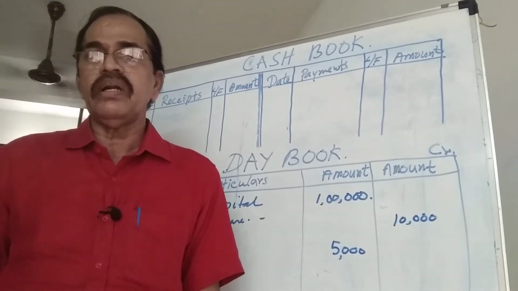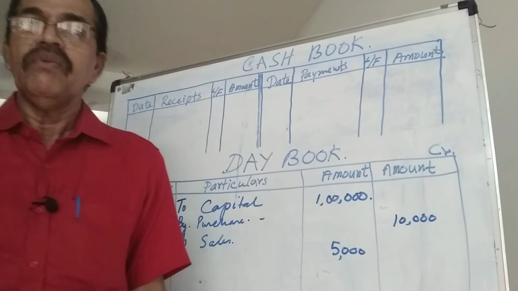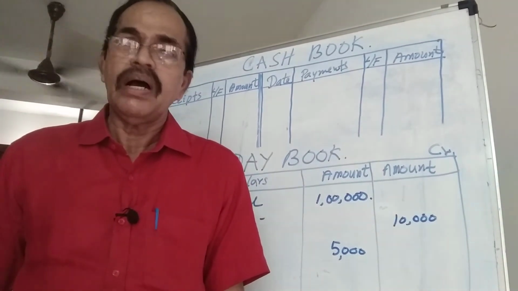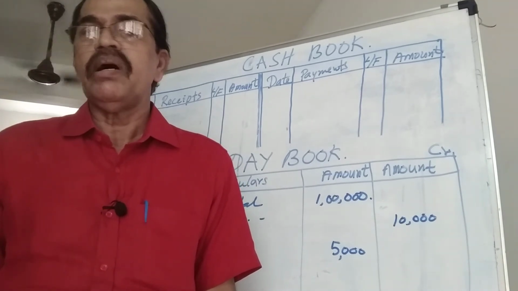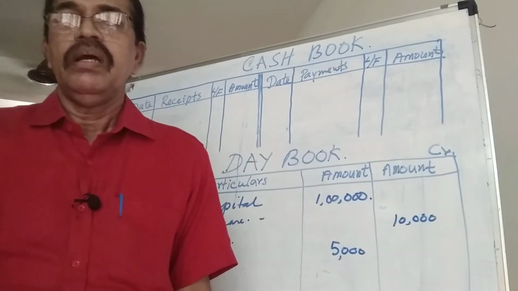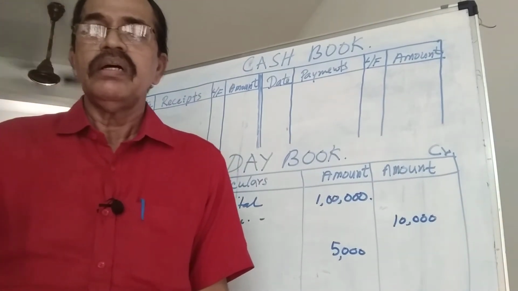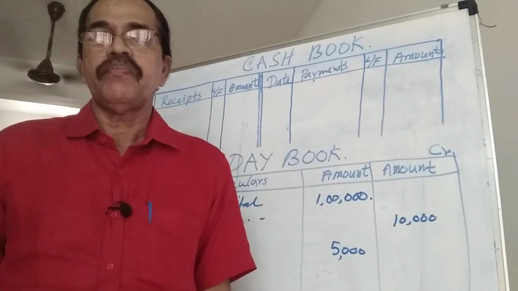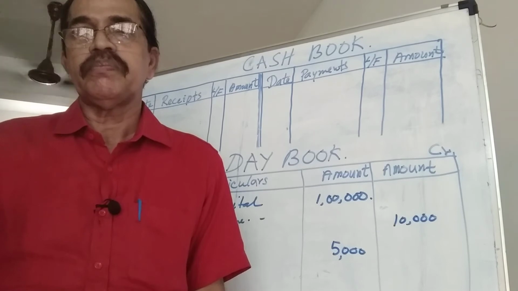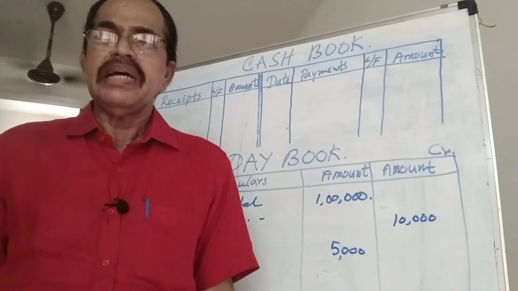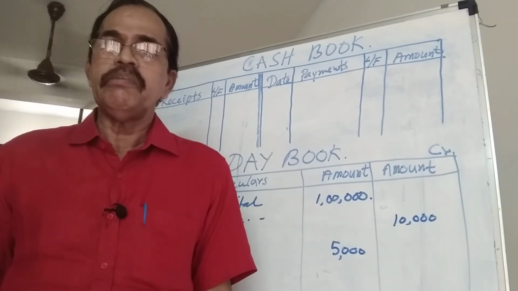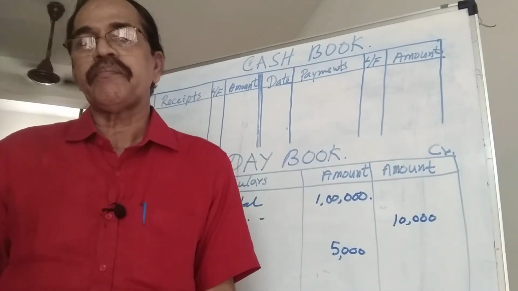Now, as I told you earlier, in the day book, we can record even credit transactions without affecting the cash book balance. We should know that a cash book is like a day book, or a day book is like a cash book. Just like cash book is balanced every day, in the same manner, a day book is also balanced every day.